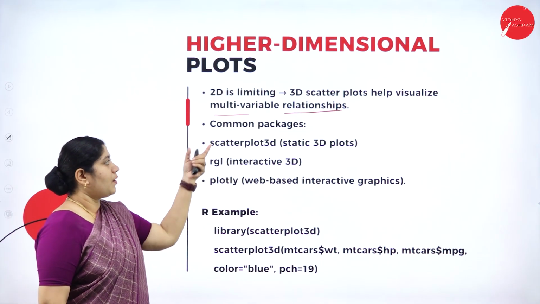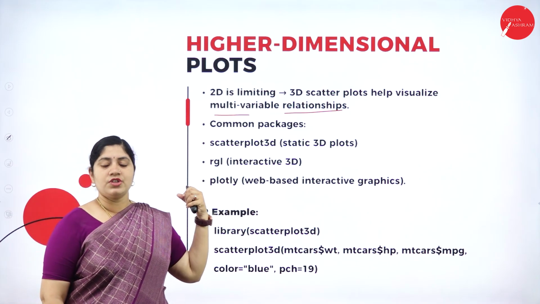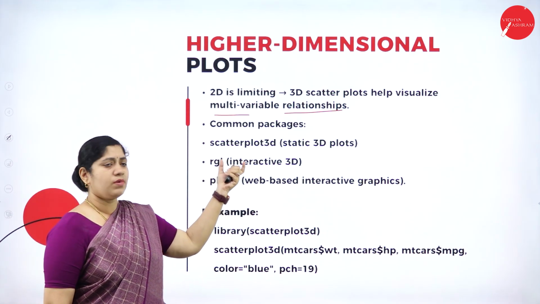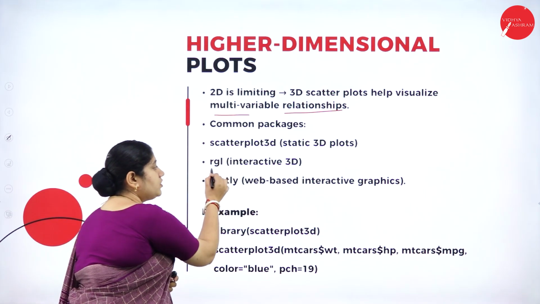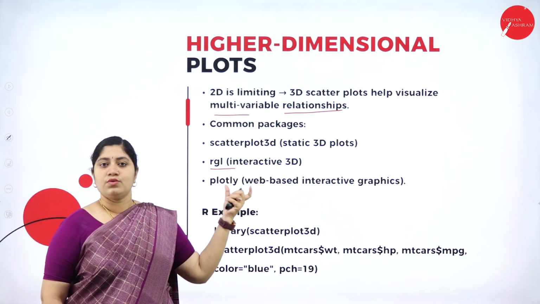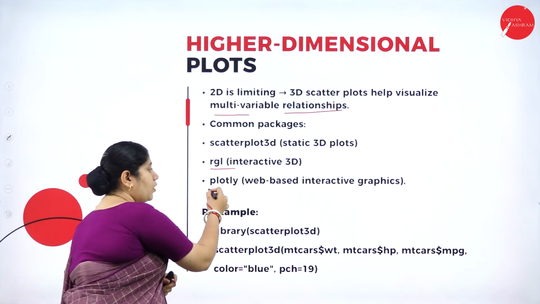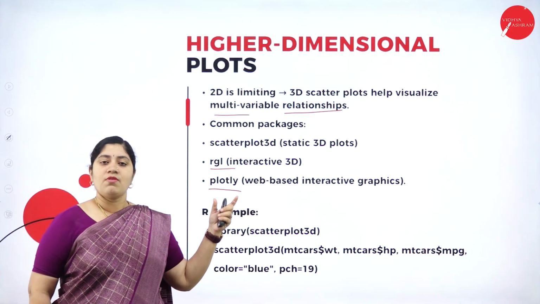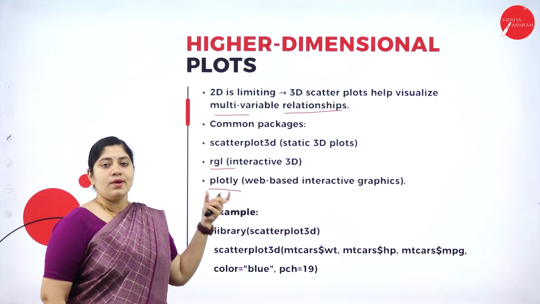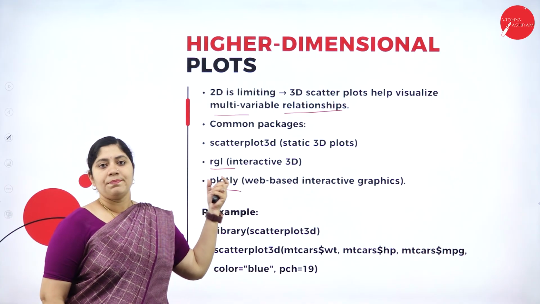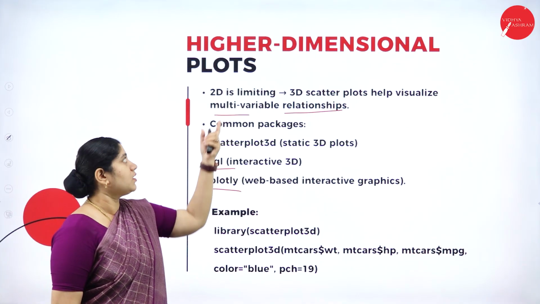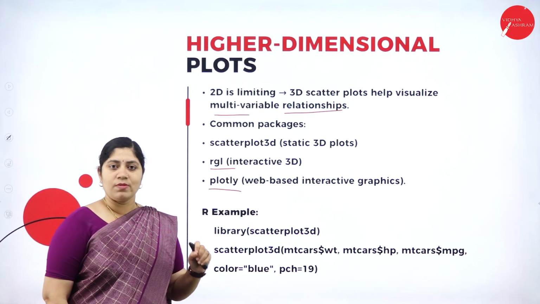The common packages used are scatterplot3d, then rgl, where we can go with interactive 3D points, followed by Plotly. Plotly is a web-based interaction. So these are the common packages that can be considered under higher dimensional plots.